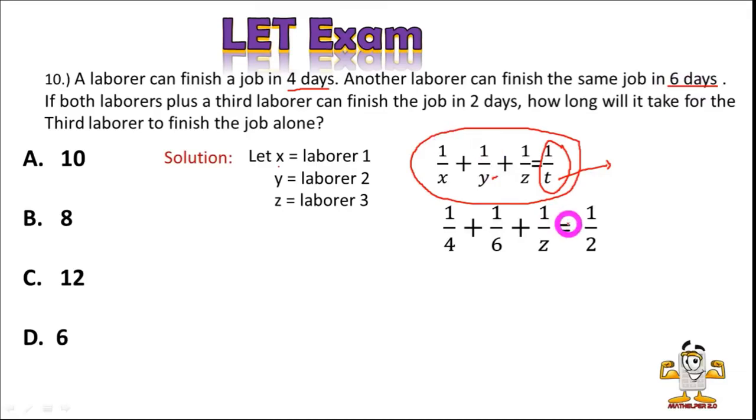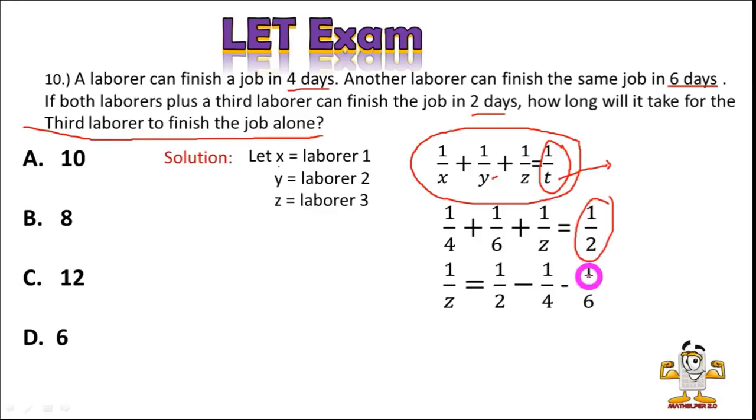Kung silang lahat is magtutulungan, so they can finish the job in 2 days. The question is, yung third laborer, how long will it take to finish the job alone? So 1 over z equal to 1 half.